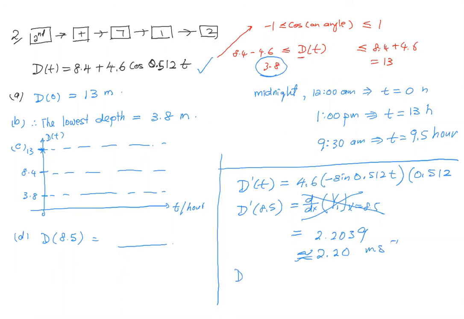So D prime 8.5 is greater than 0. Therefore, the level is rising. You do all this, you get 1 mark; the conclusion, 1 mark.